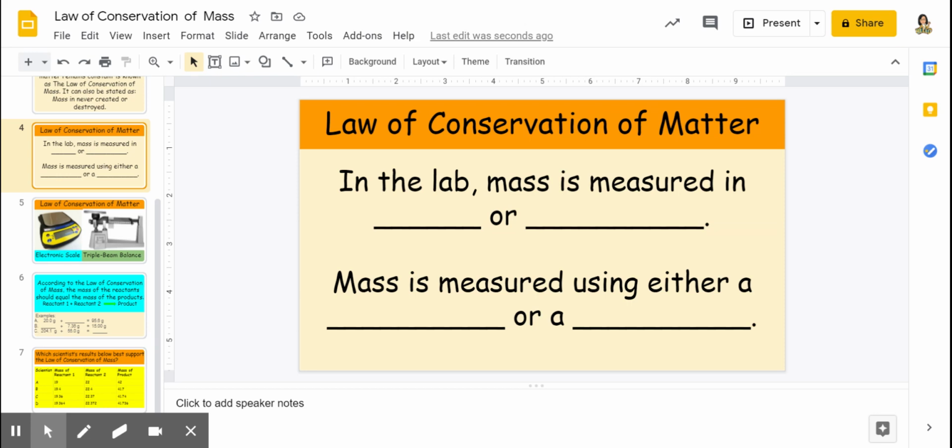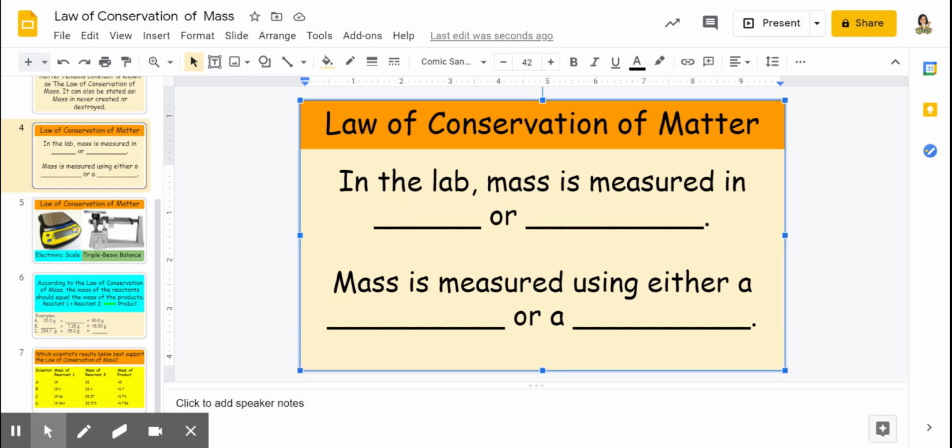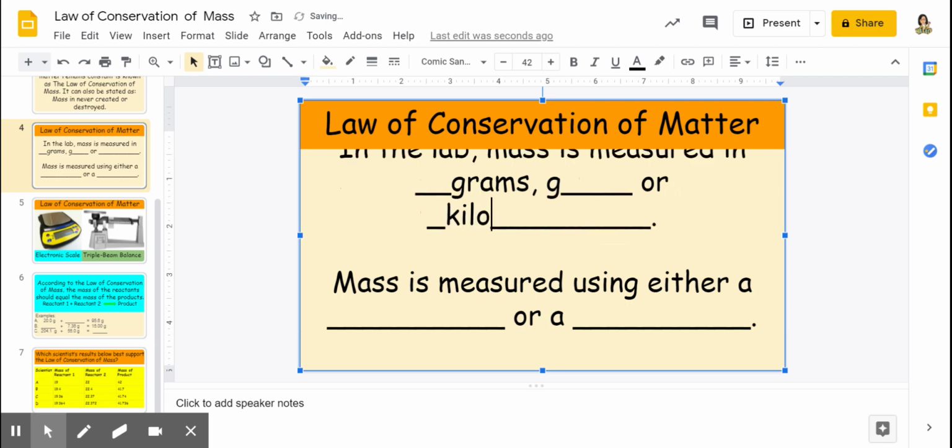Okay. So again, let's go back to the stuff right here. It should be in grams, and the symbol for that is g. And this one here is kilogram, the symbol being small letter k, small letter g.